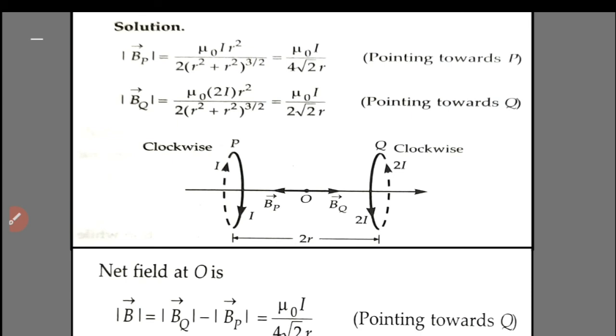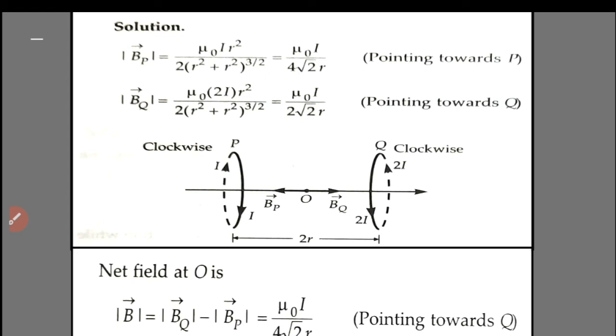Then the magnitudes, because currents are different: through P the current is I and through Q the current is 2I. Using the equations, we have mu 0 I by 4 root 2 R, that is BP due to P, and mu 0 I by 2 root 2 R for Q. So the net magnetic field will be towards Q because that is more.